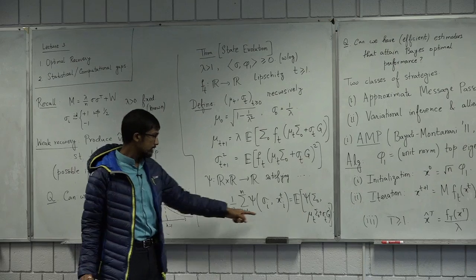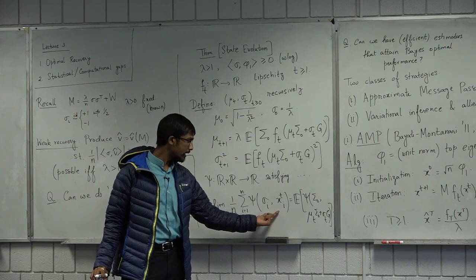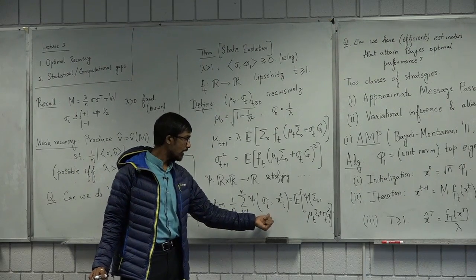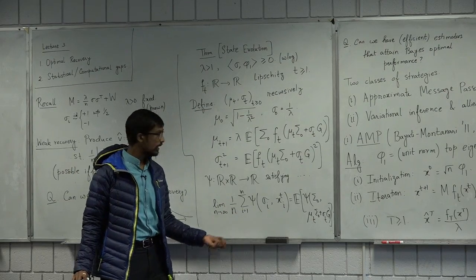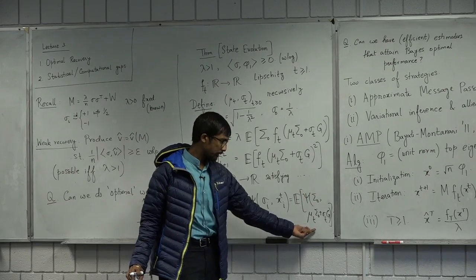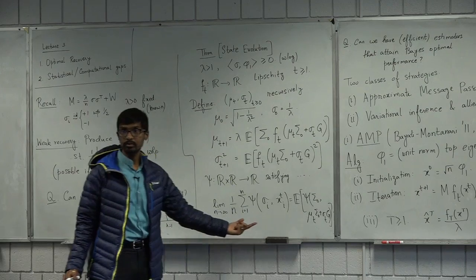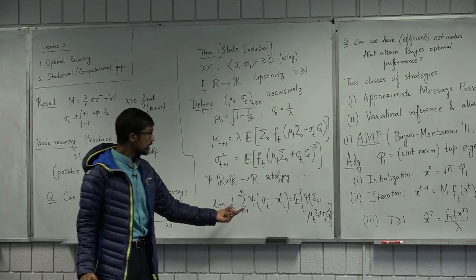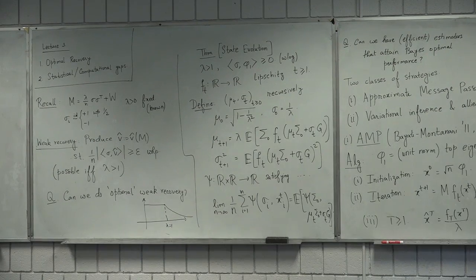Then this is essentially saying that if I look at the empirical average of psi of sigma_i and x_i^t, it's essentially given by this expectation applied to psi. So this is roughly an analog of this statement.